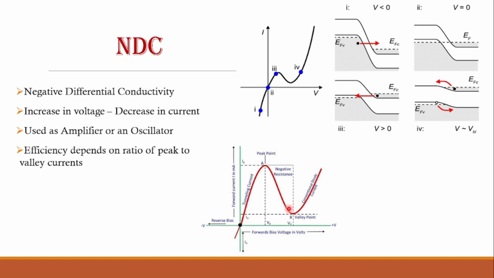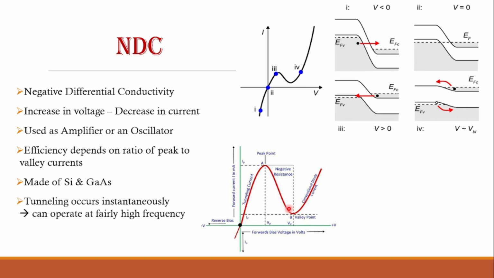And tunnel diodes have been made of silicon and gallium arsenide, and as the tunneling process occurs instantaneously, the tunnel diode can operate even at fairly high frequencies, even at 10 gigahertz.